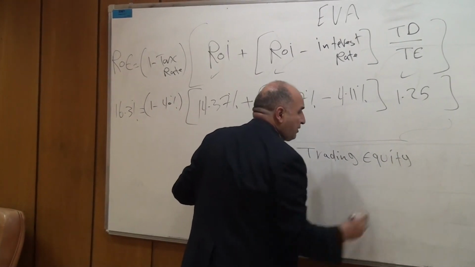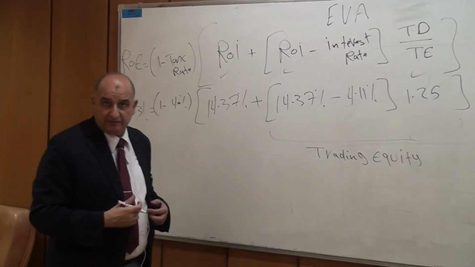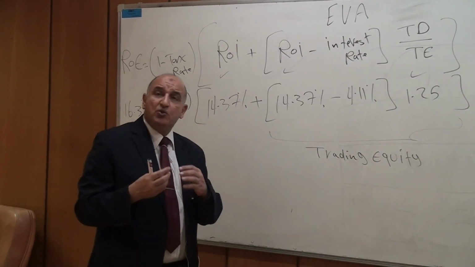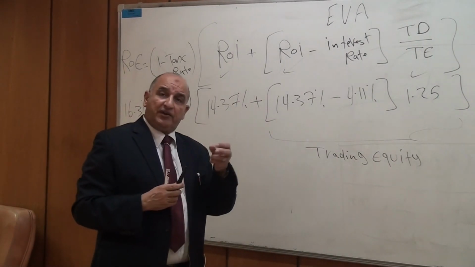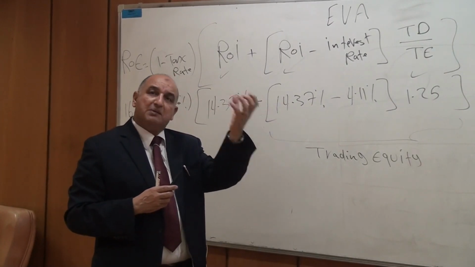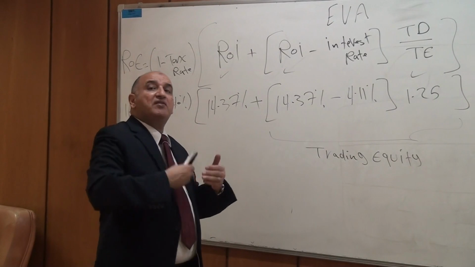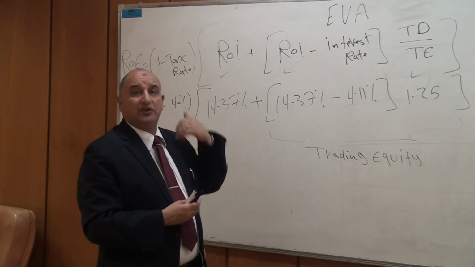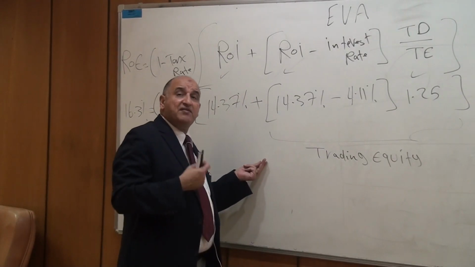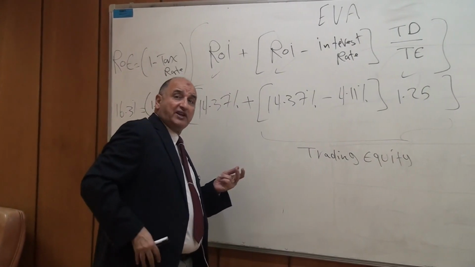Which means we use our creditors and get the money from them to invest for our owners. This is why you don't need to pay everything from your pocket as an owner.